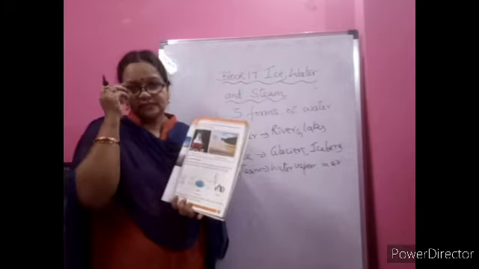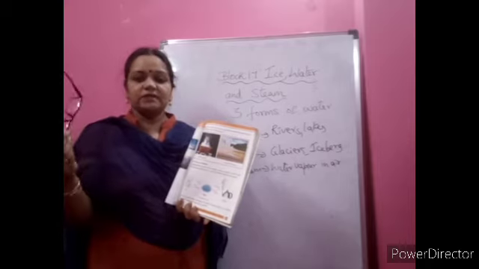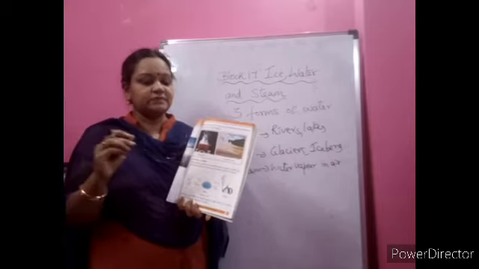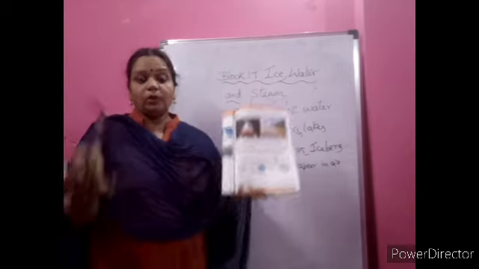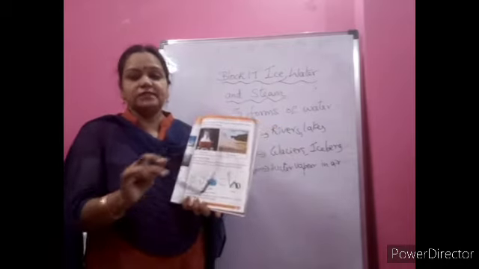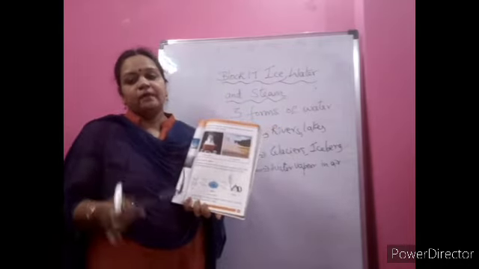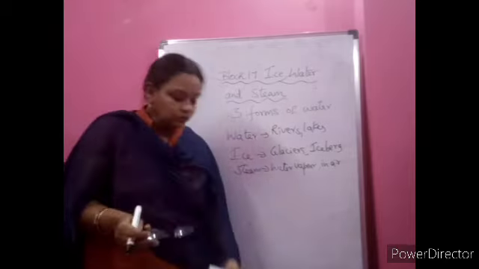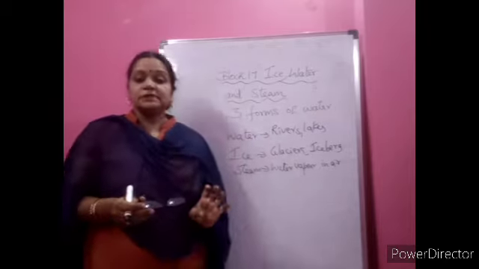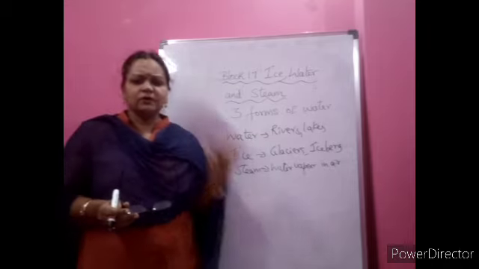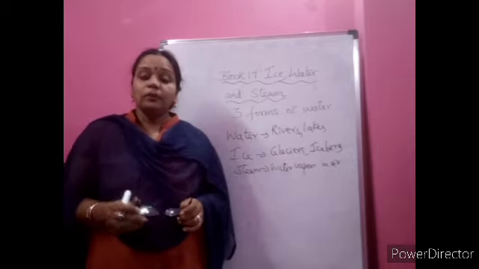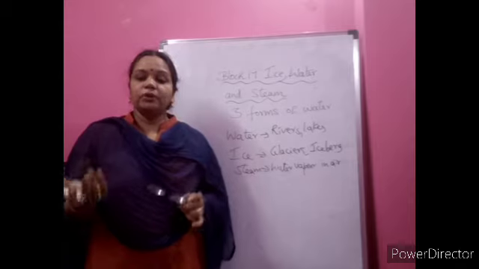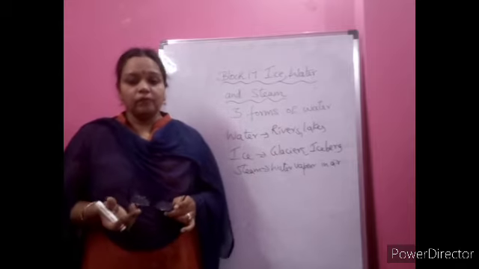But the water vapor present in the air, we can't see. But steam we can see when the hot water is there, as in the hot water spring, and when we are heating water. So now, water is available in all the three forms. Now you all know how important it is and where it is found also.